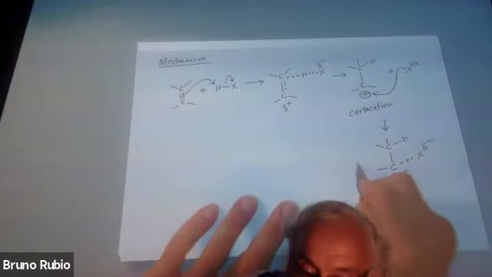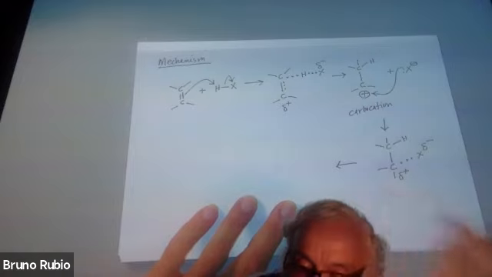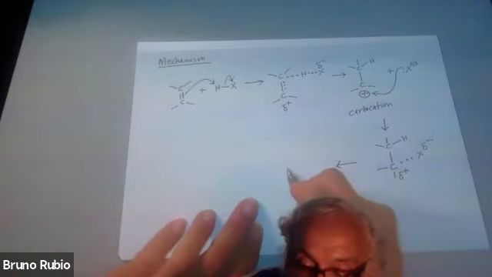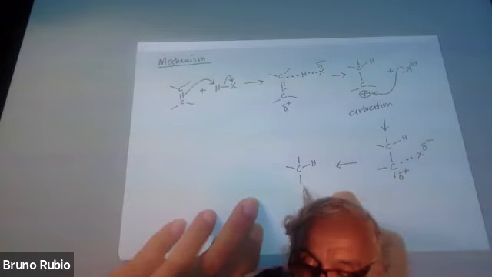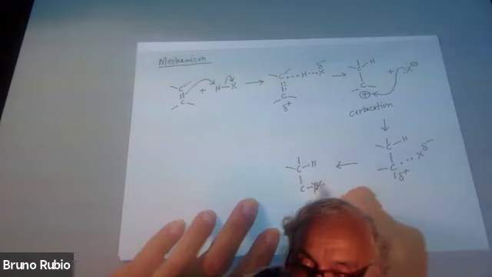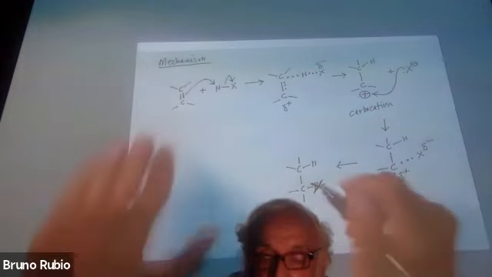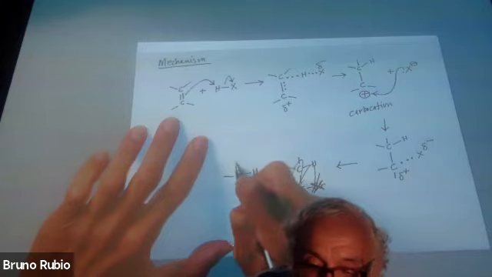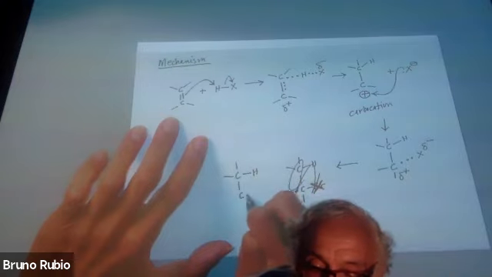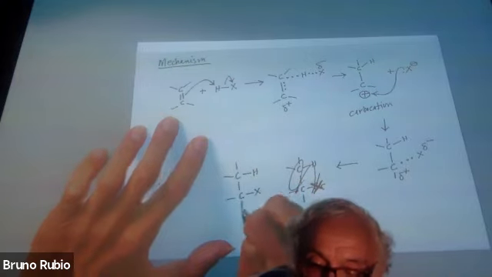Okay, at the end of the reaction, that partial bond has consolidated, whoops, that should be an X, could be Br, but I'm going with X. That partial bond has consolidated to a full bond.